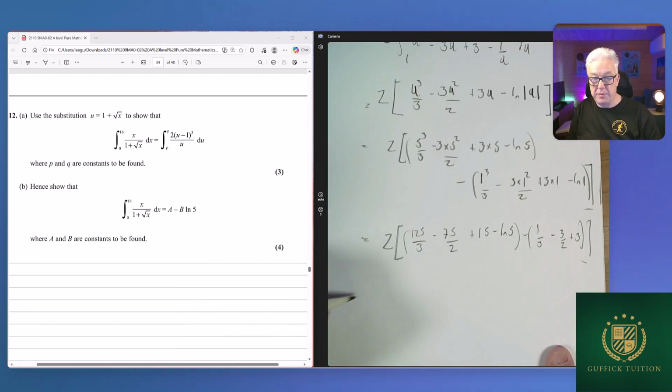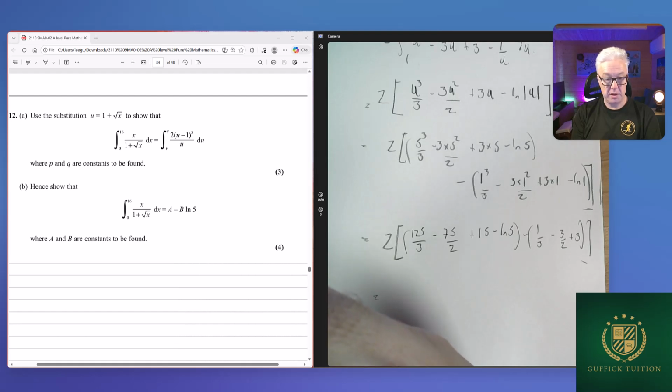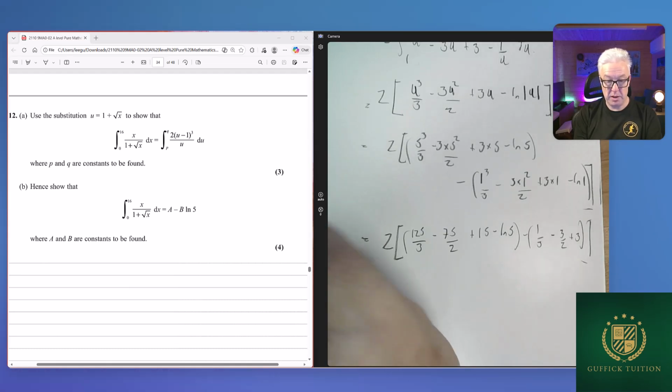So let's now combine that in our calculator. So we have got 125 over 3 minus 75 over 2, plus 15, minus 1/3, okay, all of that gives me 113 over 6.